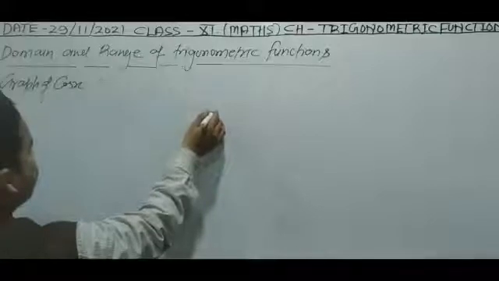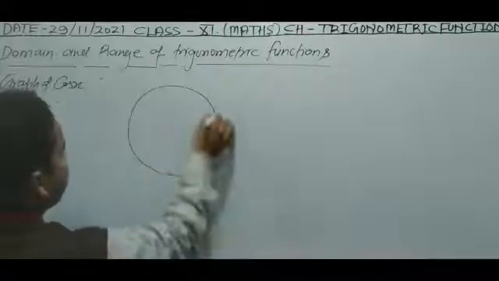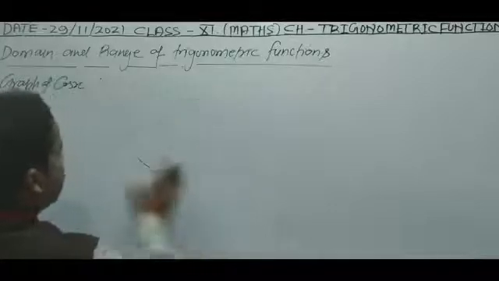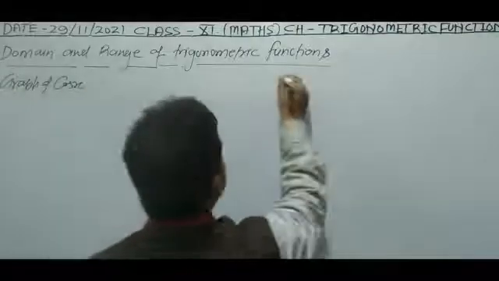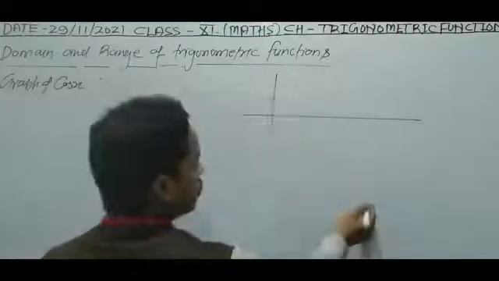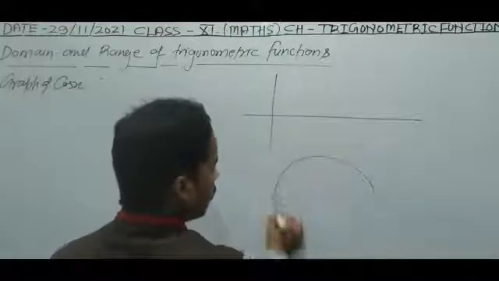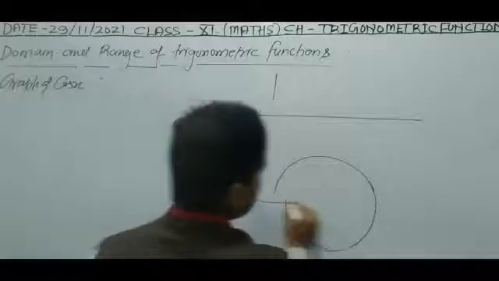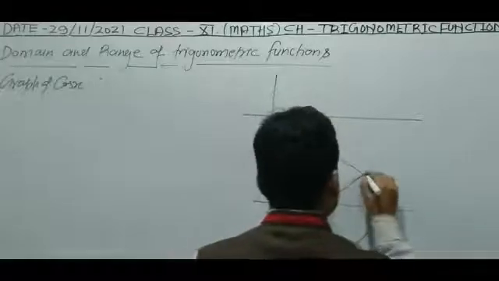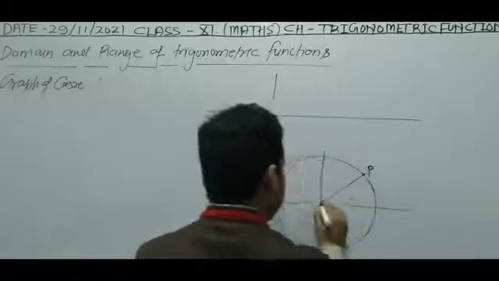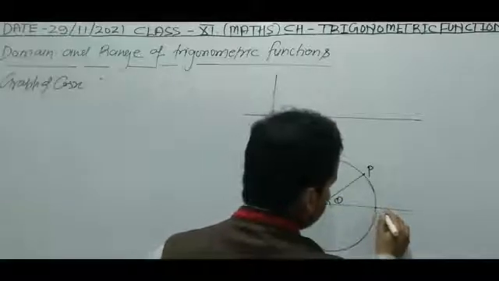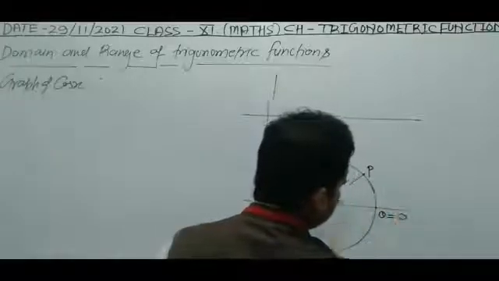In circular motion of a point, I am representing here on the circle, and on the graph also. This is the point P making an angle theta, and at this point theta is equal to 0 degree.